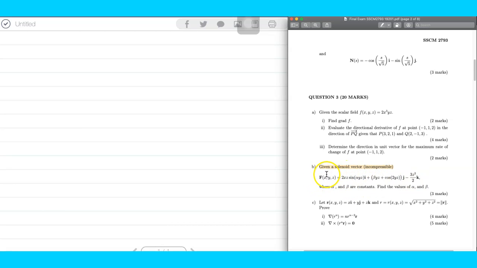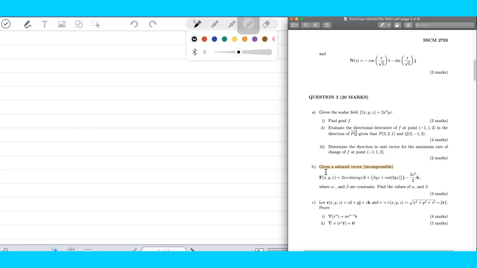Since from the information provided we are given a solenoid vector, how can you have a solenoid vector? It means that grad dot f is equal to 0.